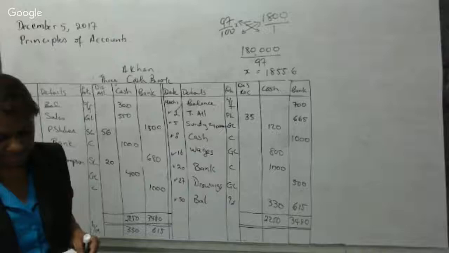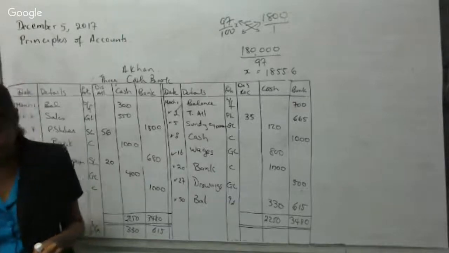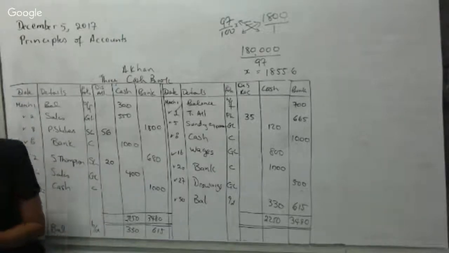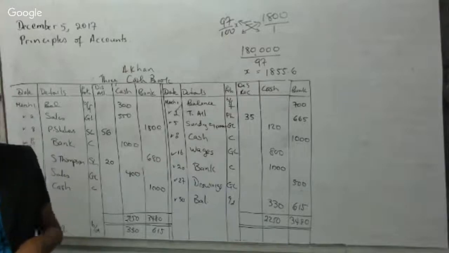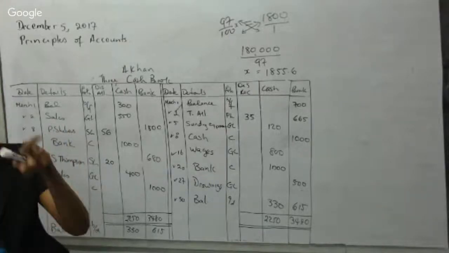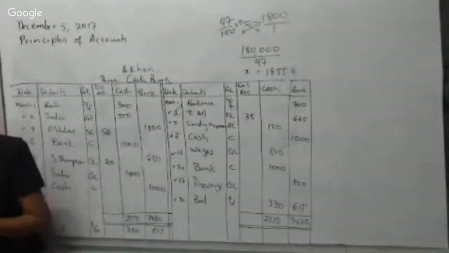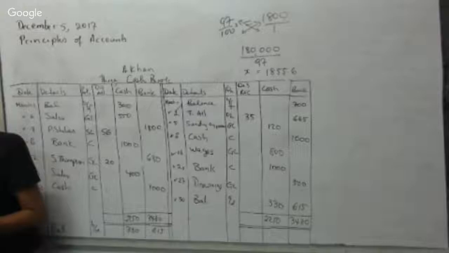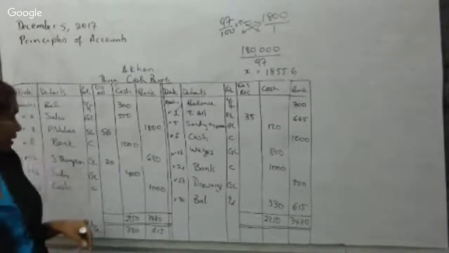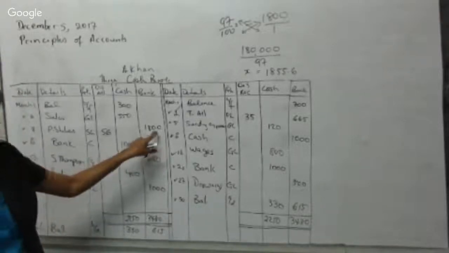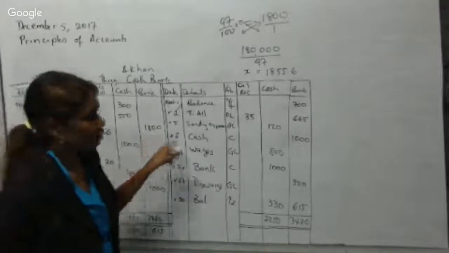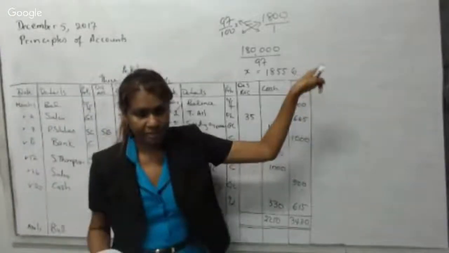On careful examination, the following discrepancies were found. One, bank charges of $20, which will go on the credit side of the updated cash book. Two, a check received from P. Shivers on March 8th has been dishonored, so it's also going to be credited in the updated cash book.